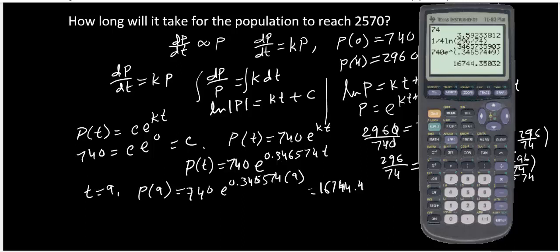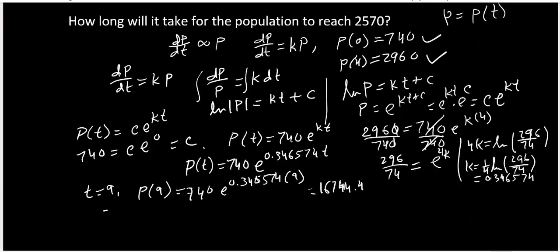Then the next part they're asking is how long will it take for the population to reach 2570. So that means our P(t) equals 2570. That will equal 740 e to the 0.346574 t.